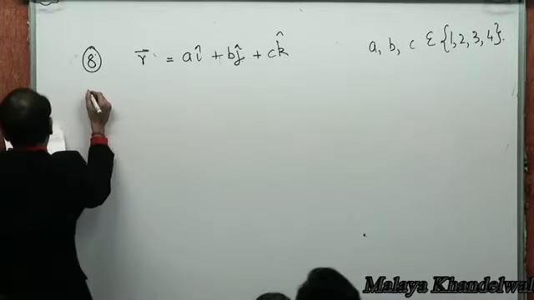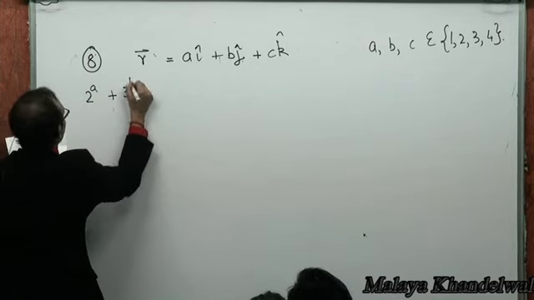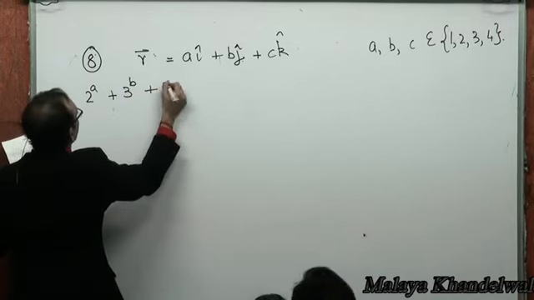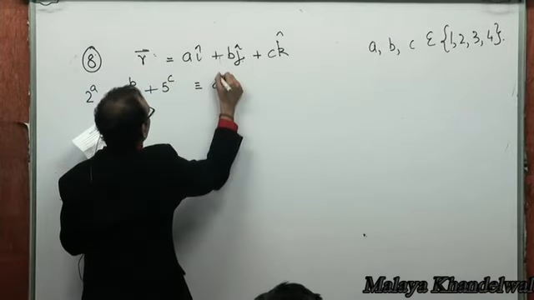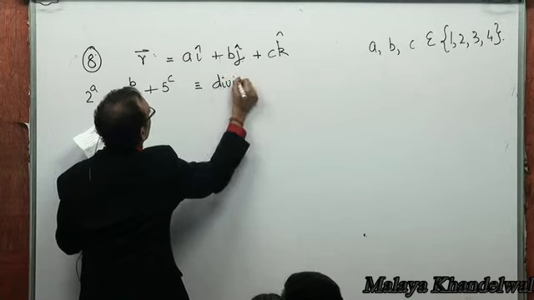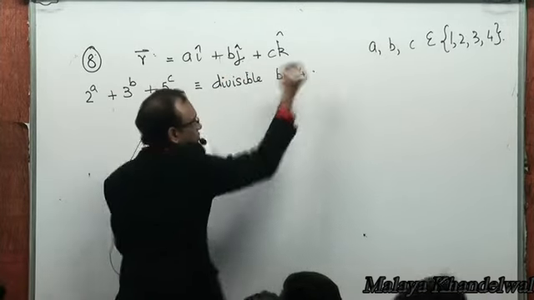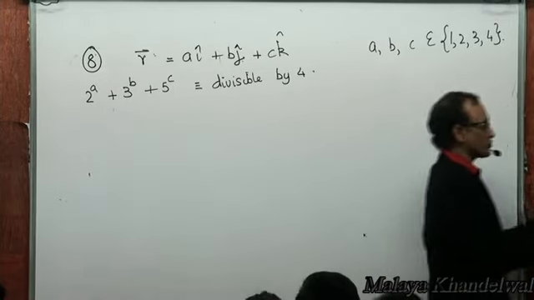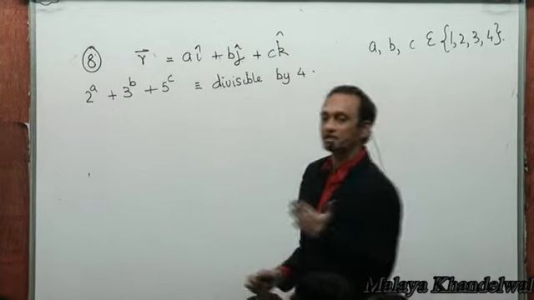And 2 to power A plus 3 to power B plus 5 to power C, we want this to be divisible by 4. That is what we want here. How many such position vectors exist?